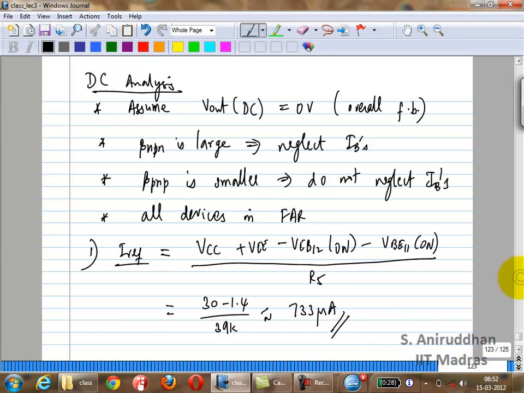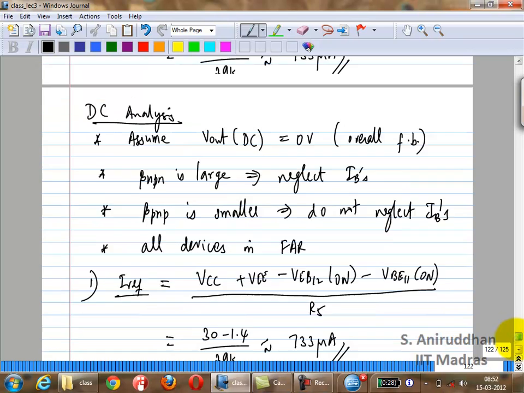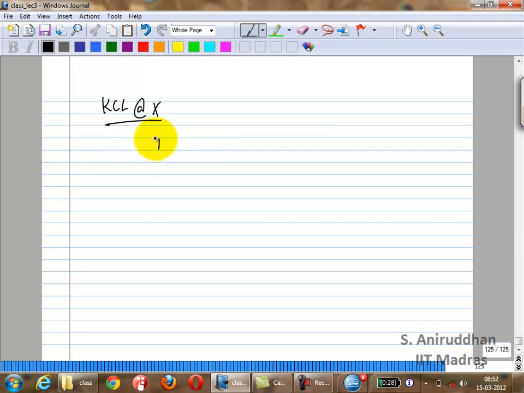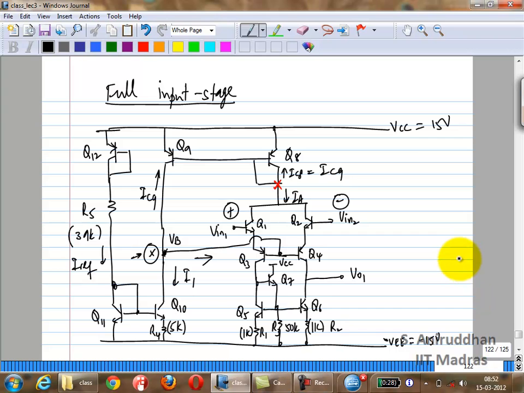so now I'm going to do KCL at node X. What is this? What is IC9 plus I1? It's nothing but IB3 plus IB4.